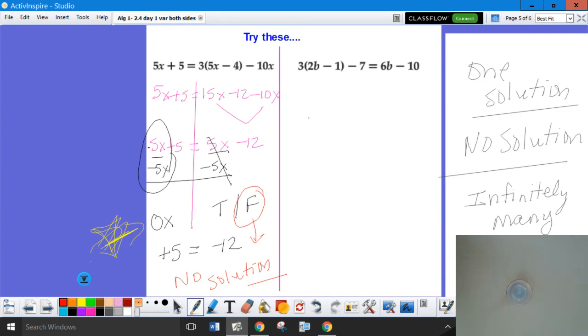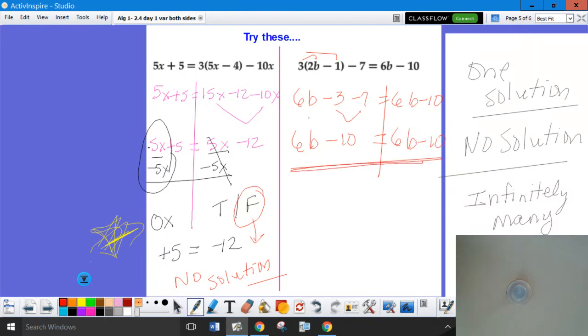Okay, that's a no solution. All right, take a look at the next one. Let's see what you did there. So 6b minus 3 minus 7, 6b minus 10. If I keep going, 6b minus 10, those two are like terms, and 6b minus 10. What do you see right here now? Do you see how these are exactly the same?